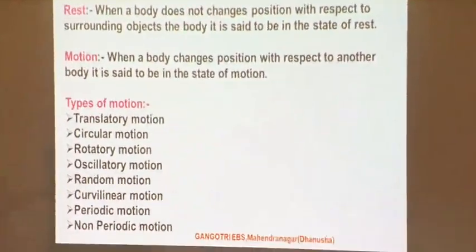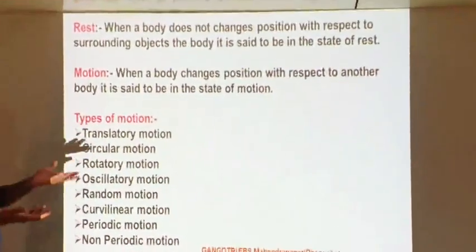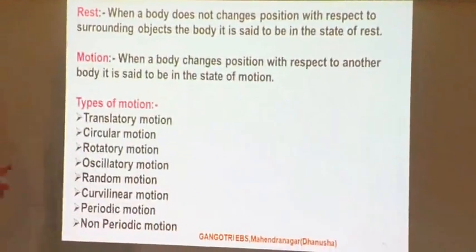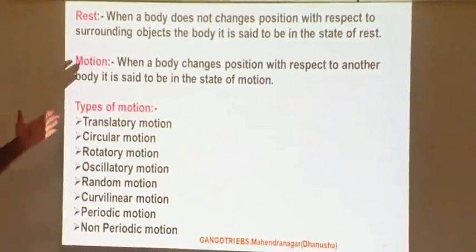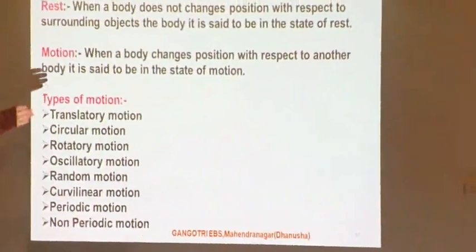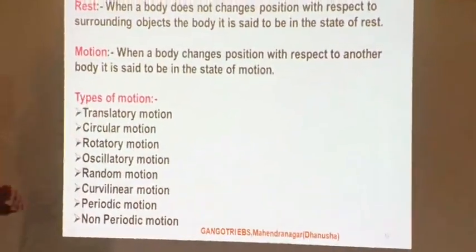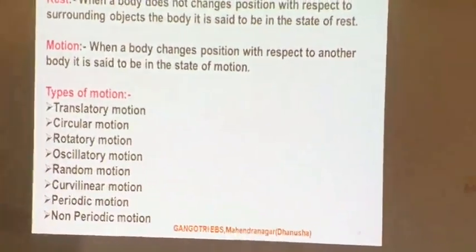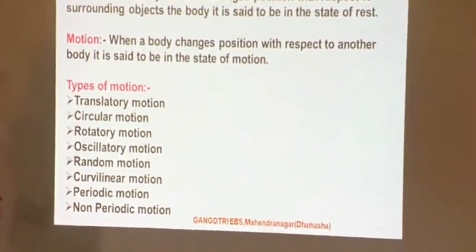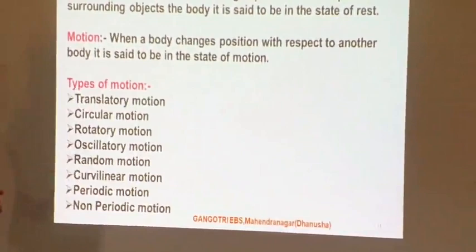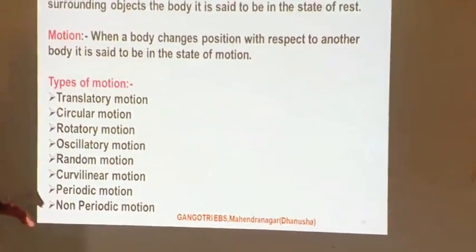When a body changes its position with respect to another body or its surroundings, that is said to be motion. There are different types of motion: translatory motion, circular motion, rotatory motion, oscillatory motion, random motion, curvilinear motion, periodic motion, and non-periodic motion.